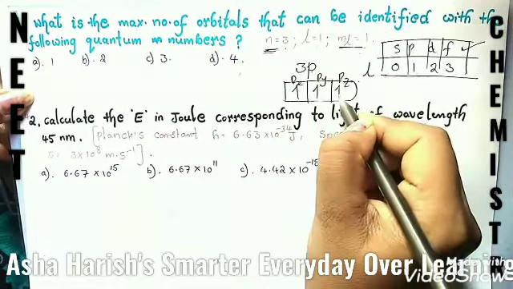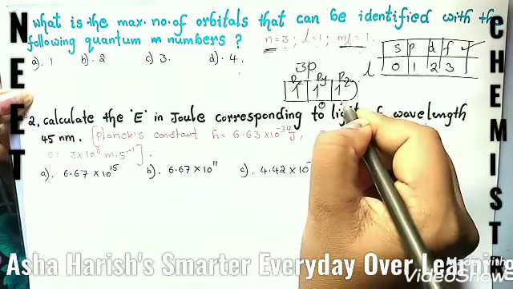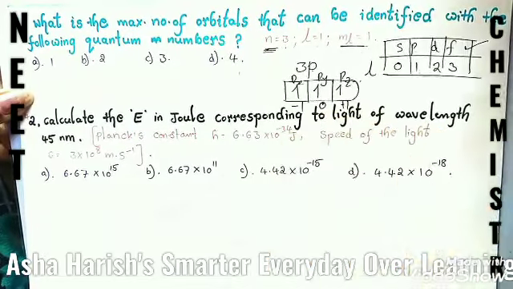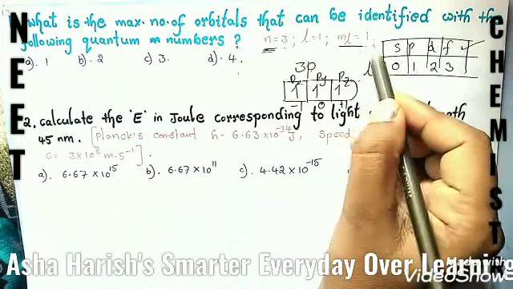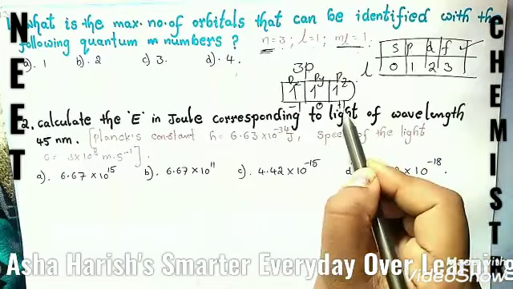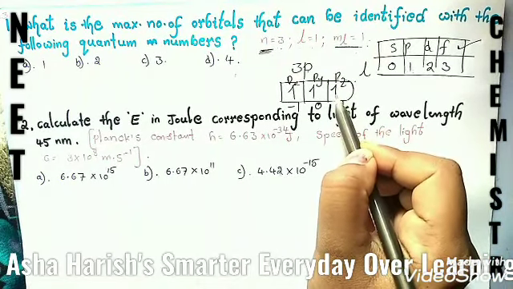Electrons will be filled like this, and this is 0, here plus 1, and this is minus 1, and the ml value is 1. That means here the spin must be like this, the third electron.